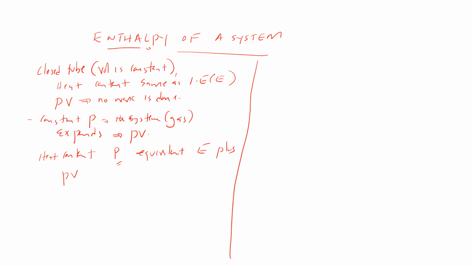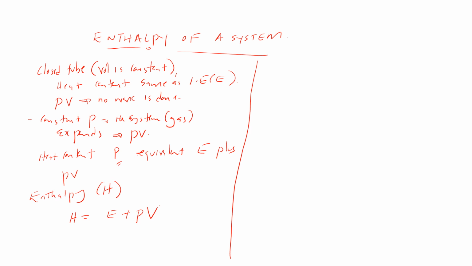Okay, and this is what we are calling enthalpy of a system, and it is represented by H. And so we can define enthalpy as being equal to E plus PV.